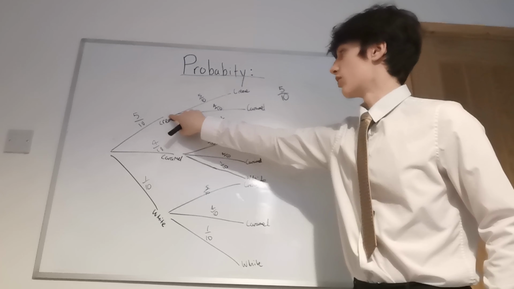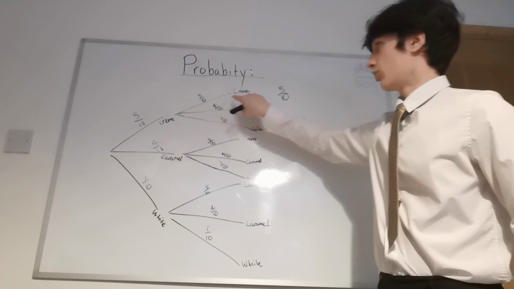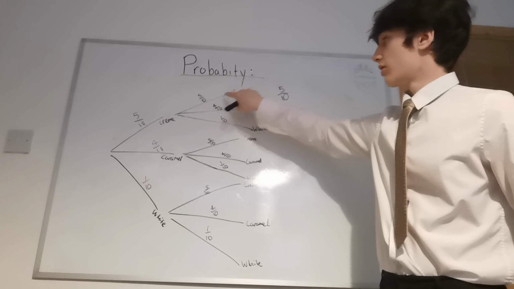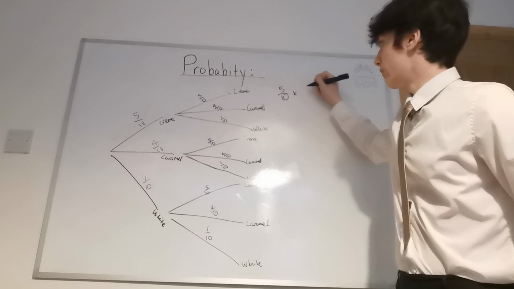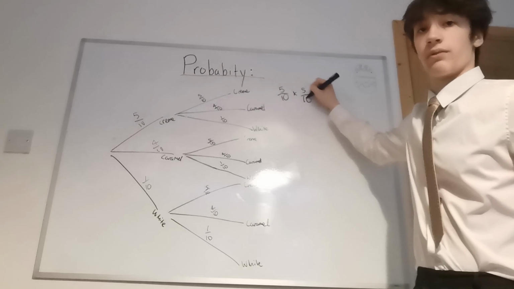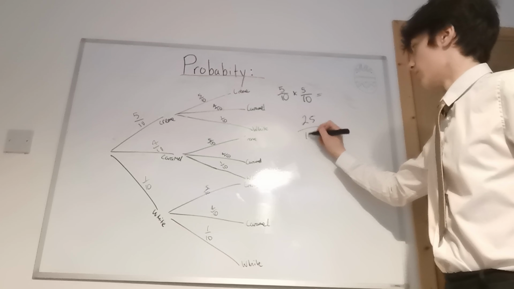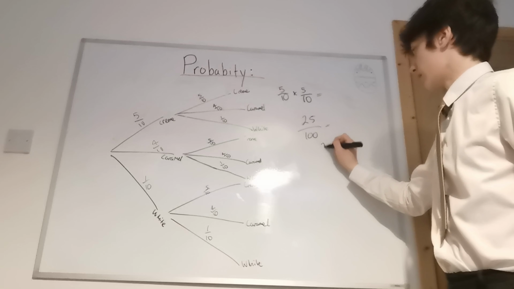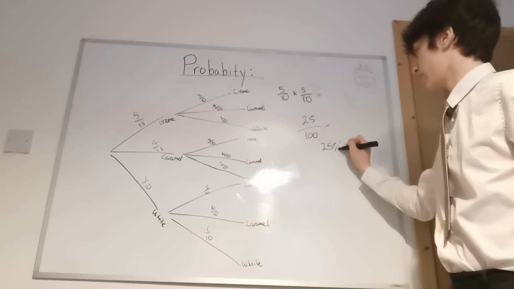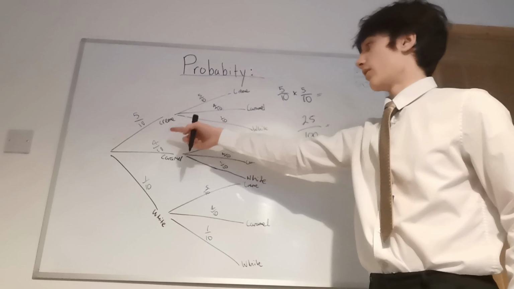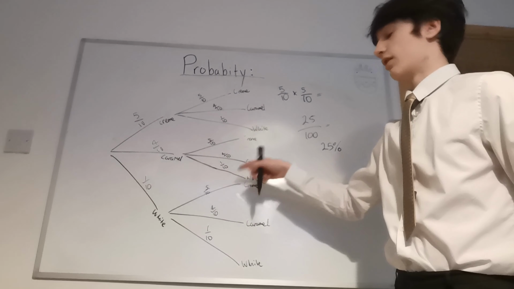Then we go to the next branch that we want, so we want cream egg again. So we times 5 over 10 by 5 over 10. Now this is equal to 25 over 100, which is the same as 25%. And you can do this process for any other probability on this tree.